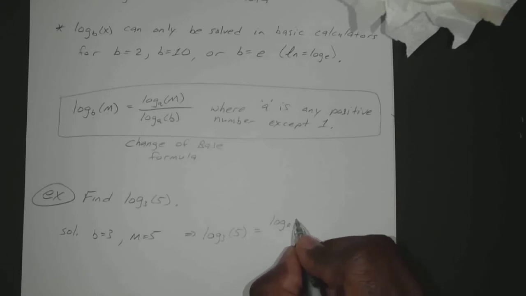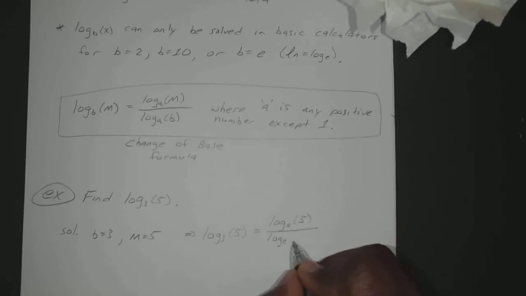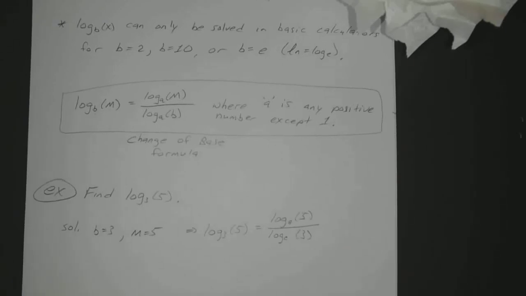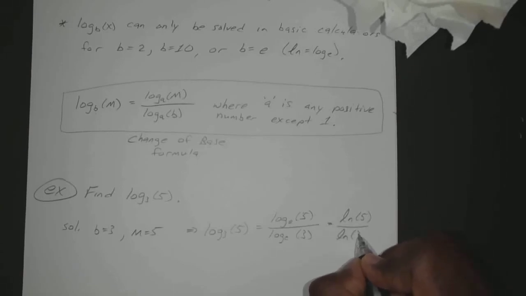So let's say log base e, in this case 5, over log base e of 3. And the reason I picked e is because the most popular change of base is to just make it natural log over natural log of 3.